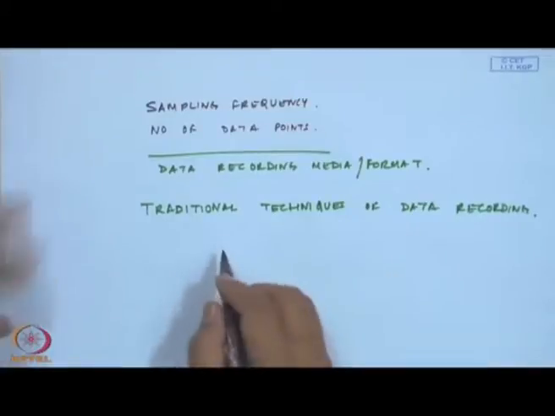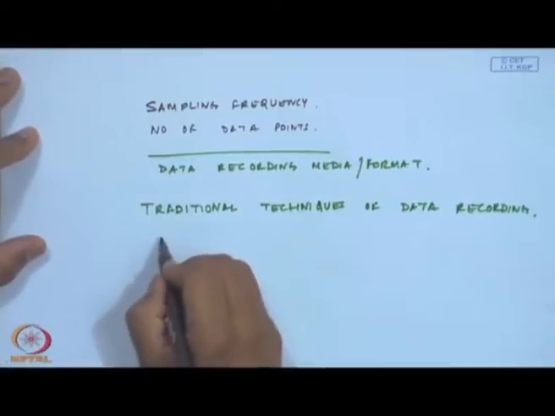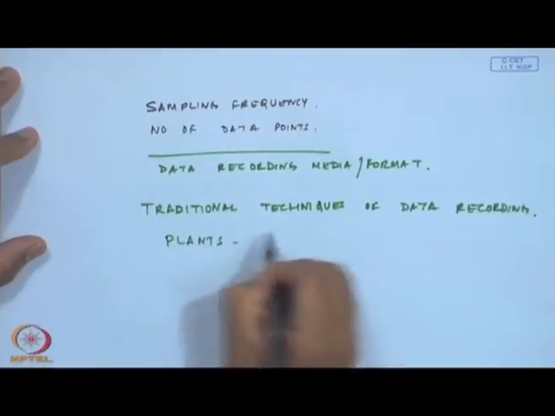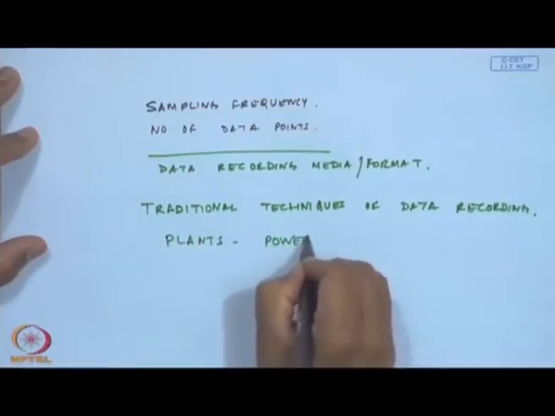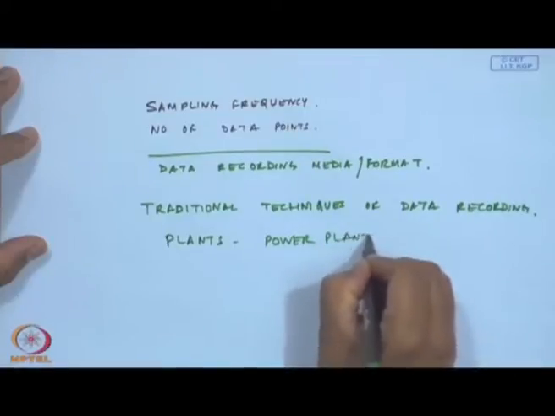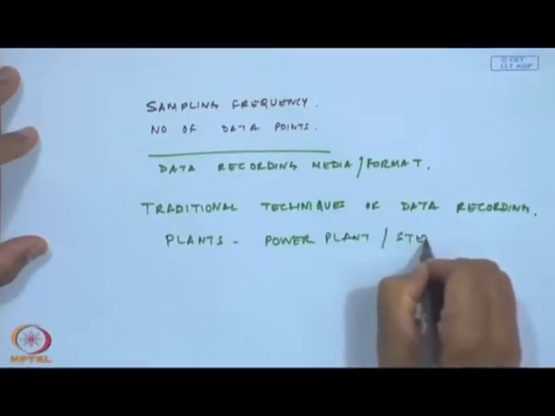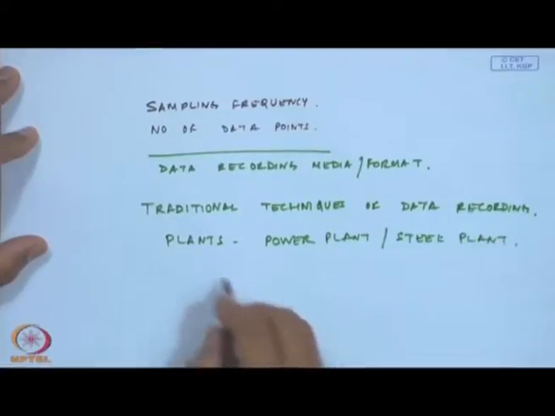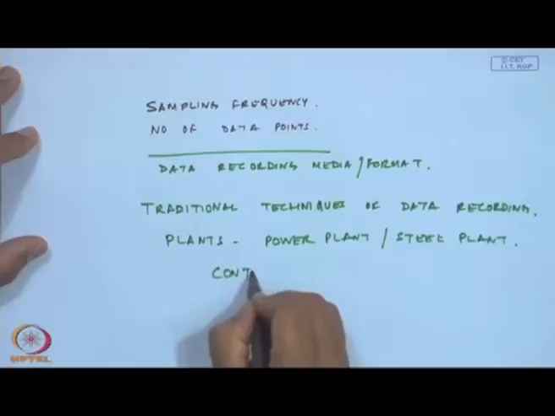You all must have visited certain plants. Could be a power plant, could be a steel plant. So, they have a control room.